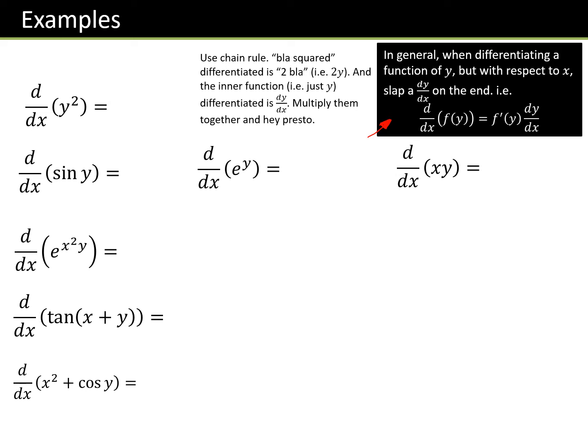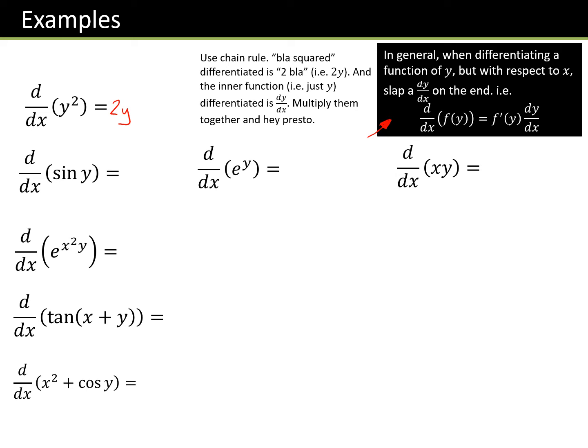So here we're differentiating y squared with respect to x. Now these are different letters, aren't they? So you need to think, oh, implicit differentiation. Differentiate y squared normally: y squared differentiated is just 2y.